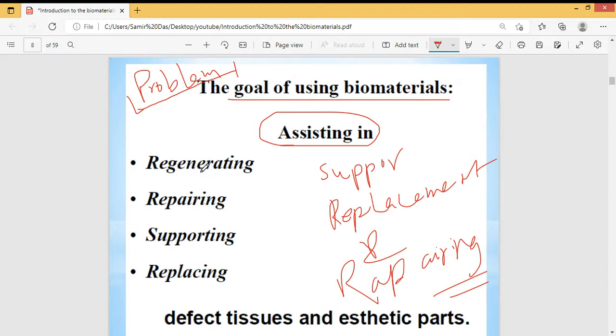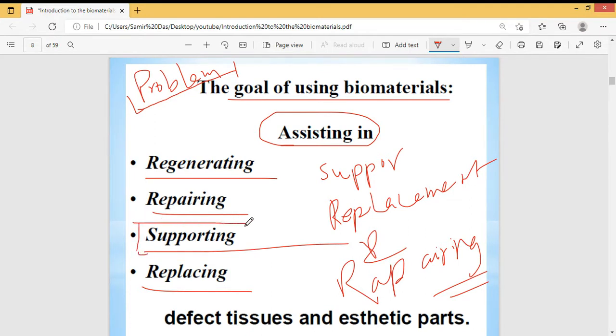Here I have written it as 3R and 1 S. First is regeneration, repairing, replacement and also supporting. So bioinert biomaterials are basically used in this zone.